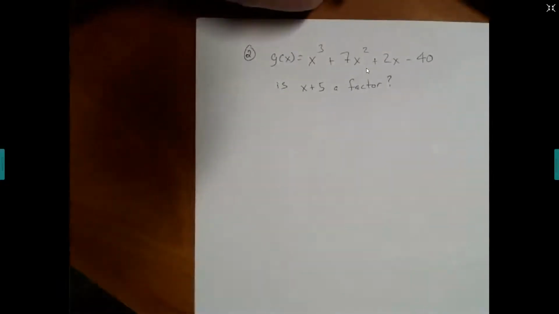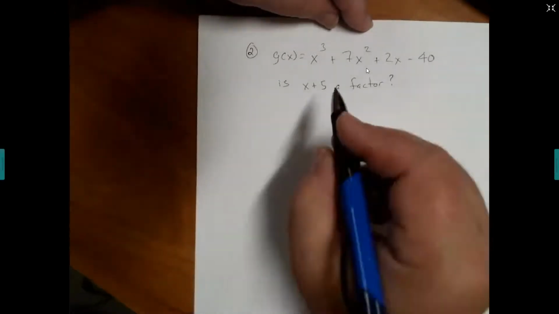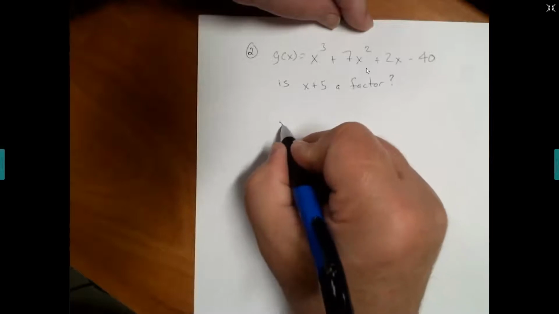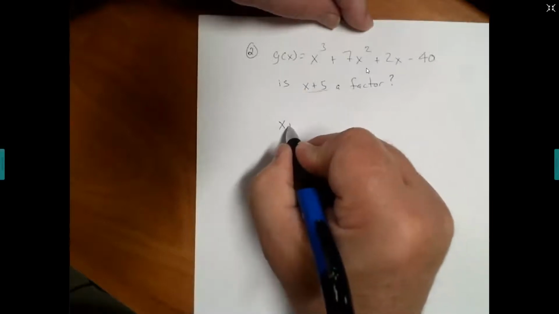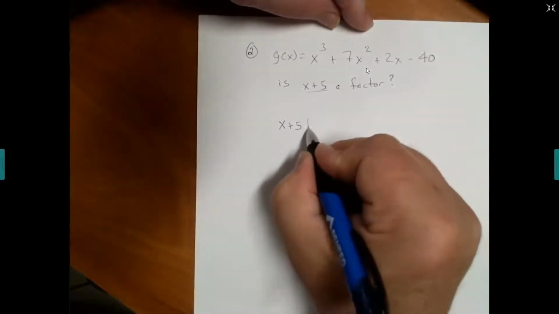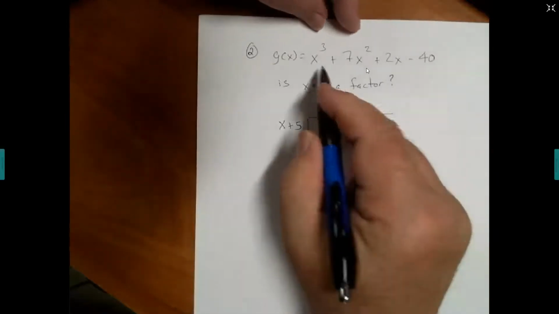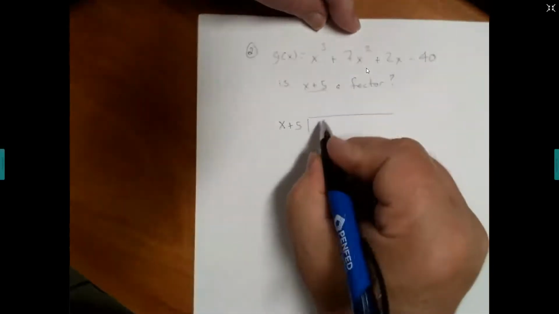So we'll use this in the next chapter to check our answer. Well, we have faster ways. Okay, so we test. This is your d of x, x plus 5, and see if it fits into your polynomial.